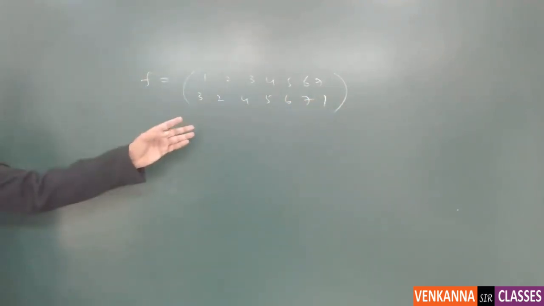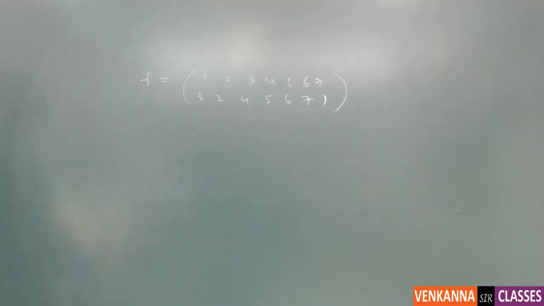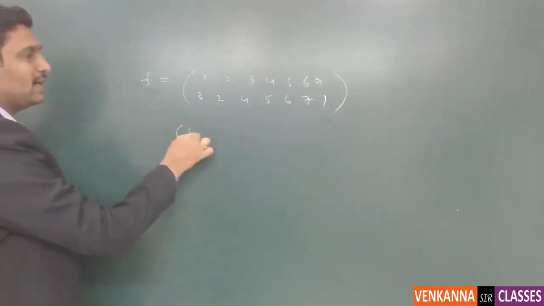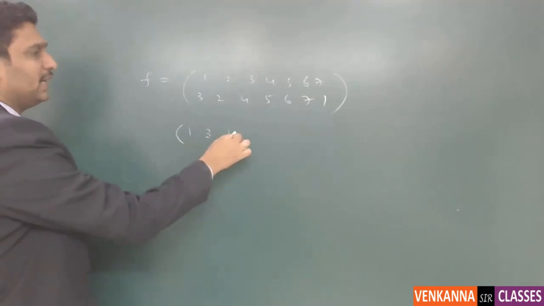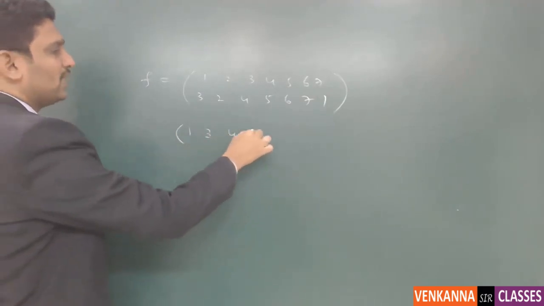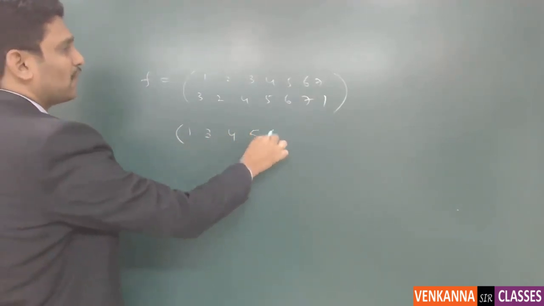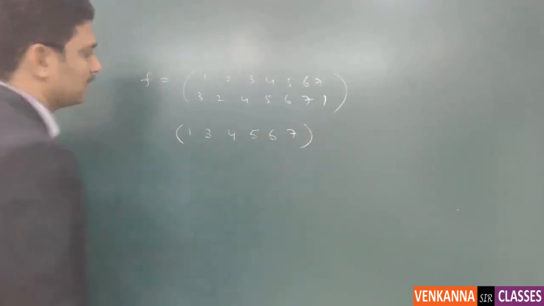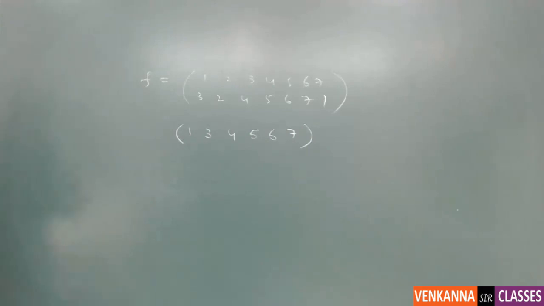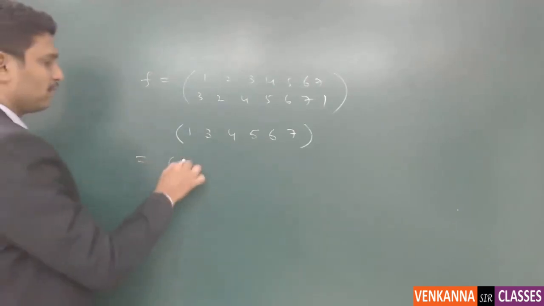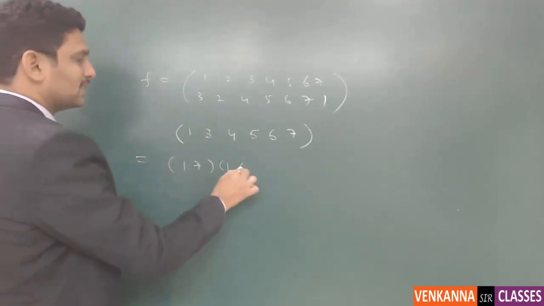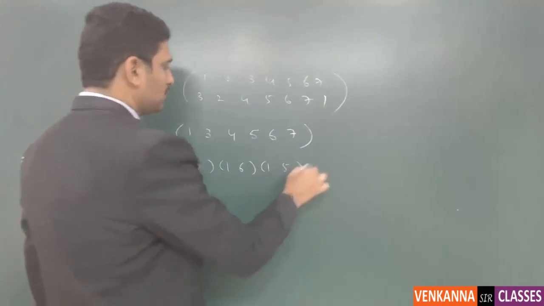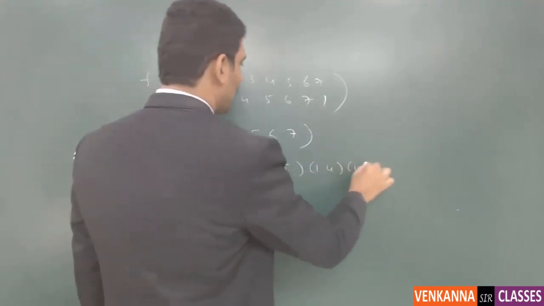Let us find what the cycles in it are. For 1 it is 3, for 3 it is 4, for 4 it is 5, for 5 it is 6, for 6 it is 7, and again for 7 you are getting 1. This is one cycle, right? If you write like this, the transpositions are nothing but (1 7)(1 6)(1 5)(1 4)(1 3).